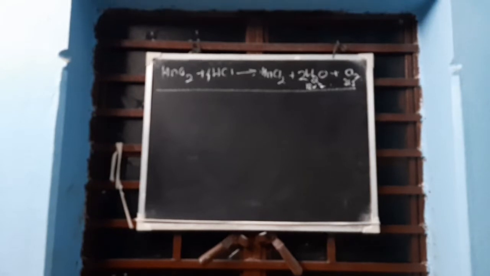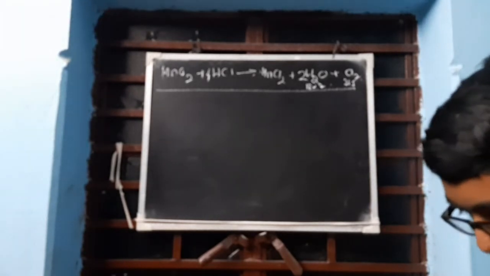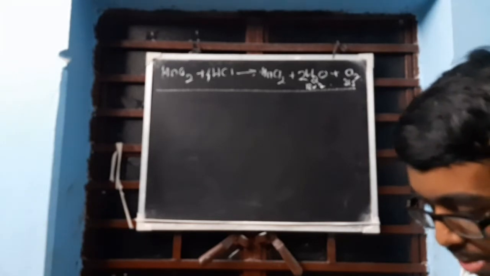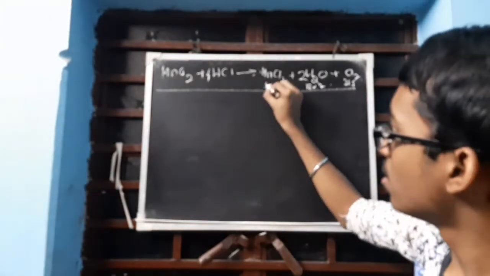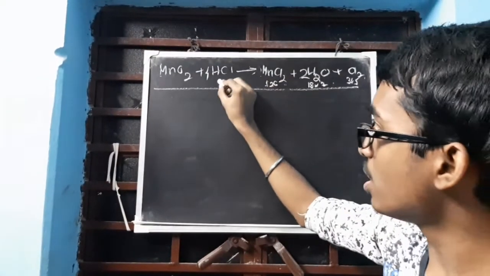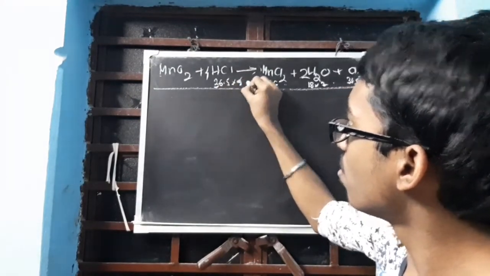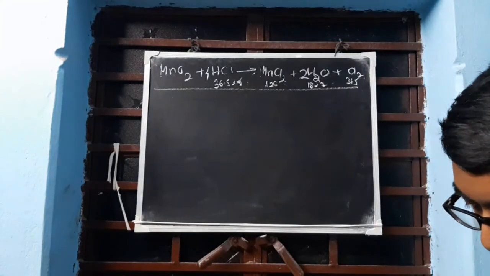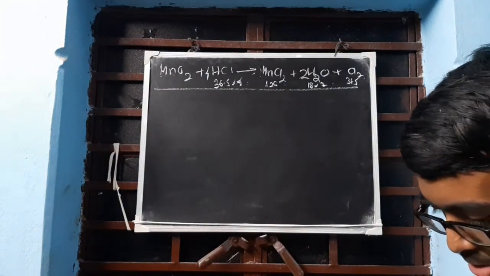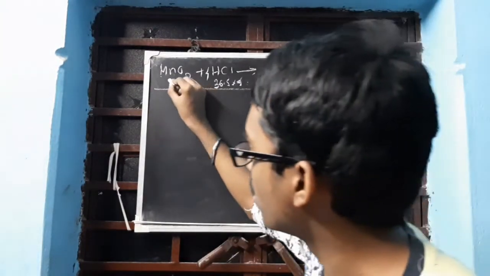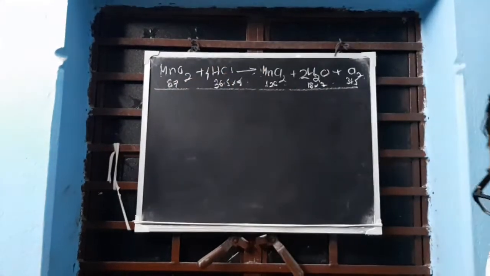It's 54.9, but 55 will be considered. So 55 plus 71, right? 35.5 double, so it's 126. This is HCl, so it's 36.5 into 4. This is again MnO2, so 55 plus 32. That's 87. Clear?